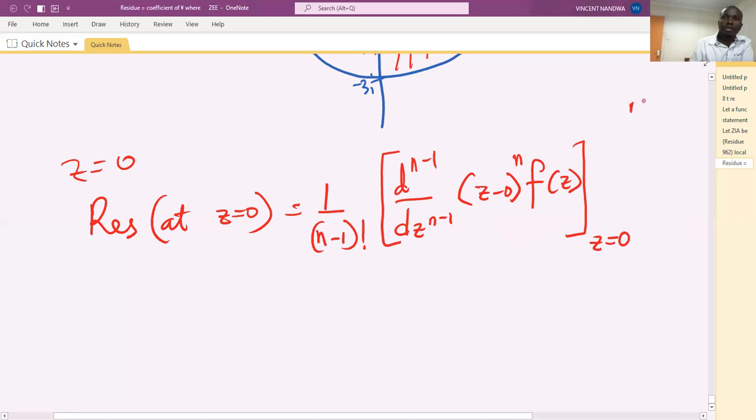I remember our n is 2 because z was a pole of order 2.